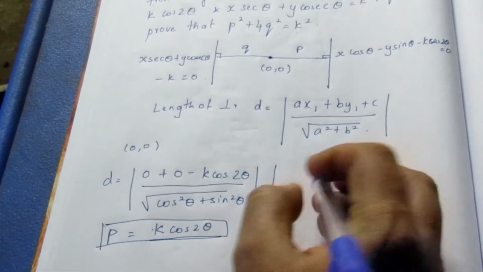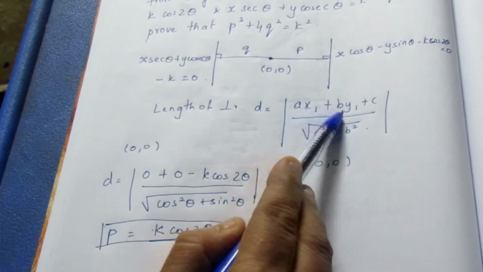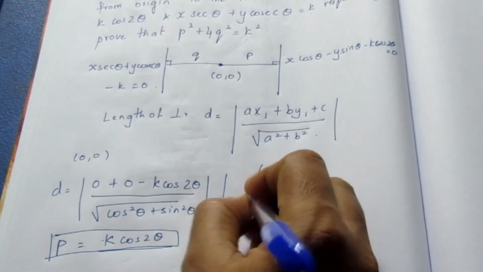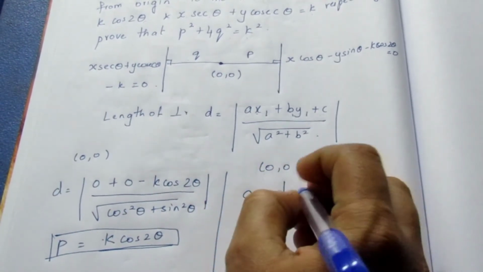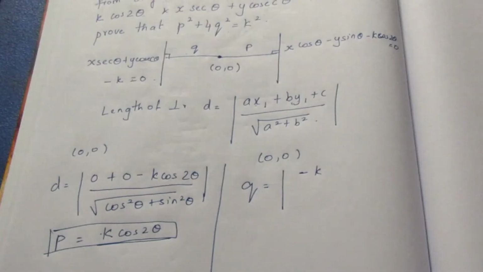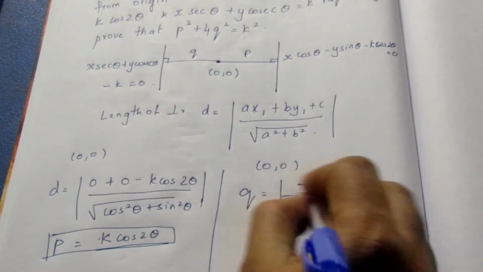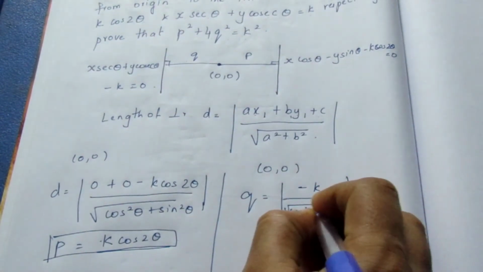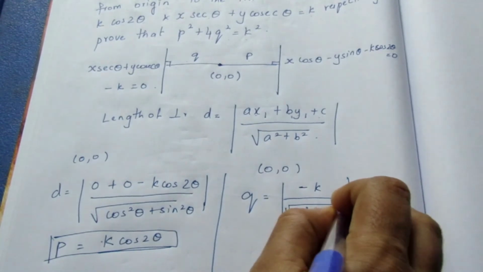The same way let me try for this. Point is 0, 0. So substituting the values of x1 and y1, it becomes 0. Now instead of c we have minus k here. So q is equal to mod minus k by root of secant square theta plus cosecant square theta.